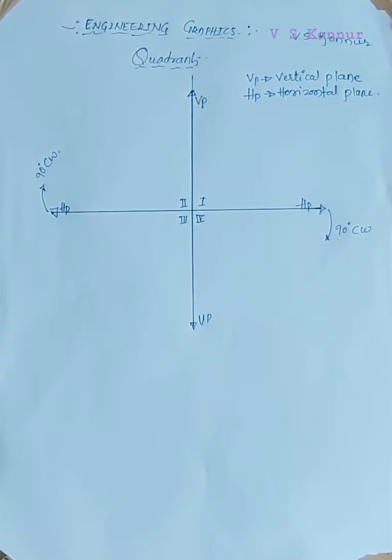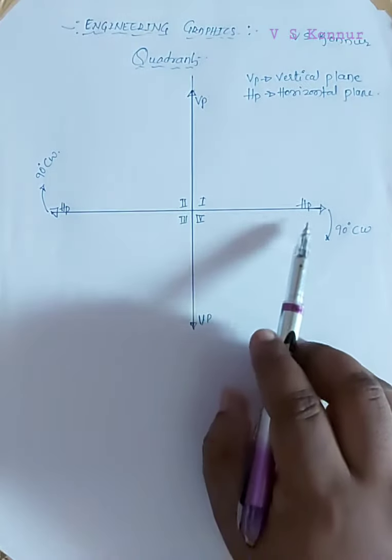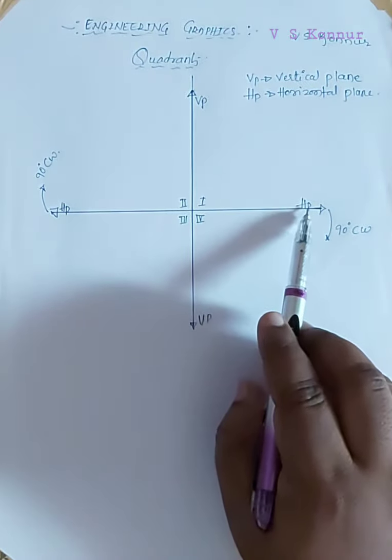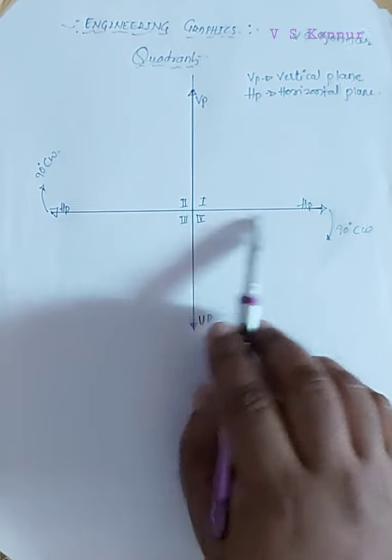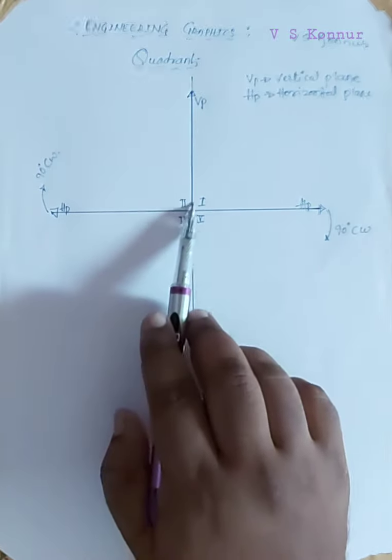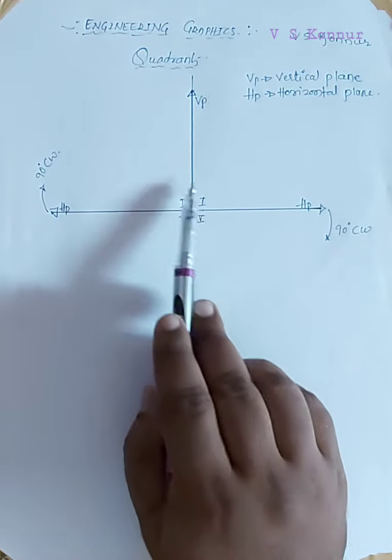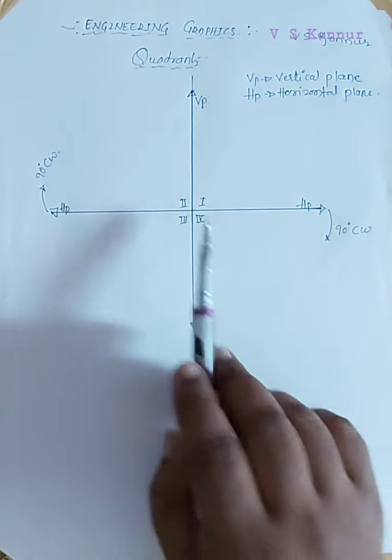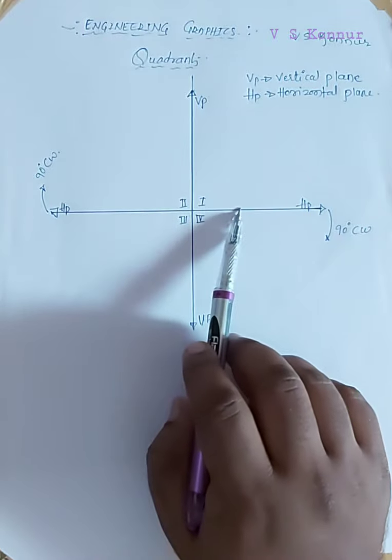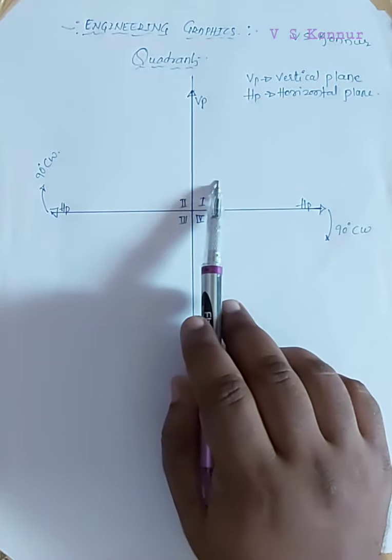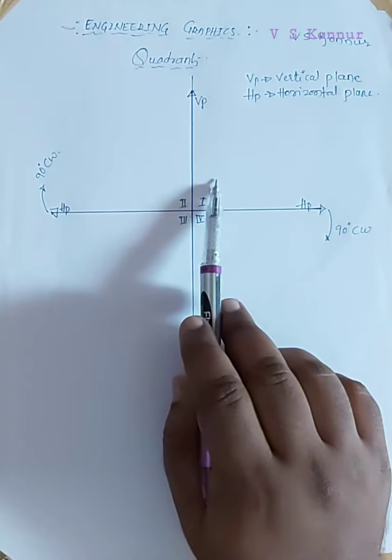Now we'll study the first quadrant. In first quadrant, HP is, this is the direction, VP is, this is the direction. Only you have to consider these 2 lines here, VP and HP.